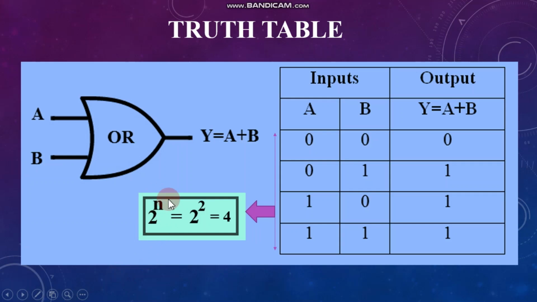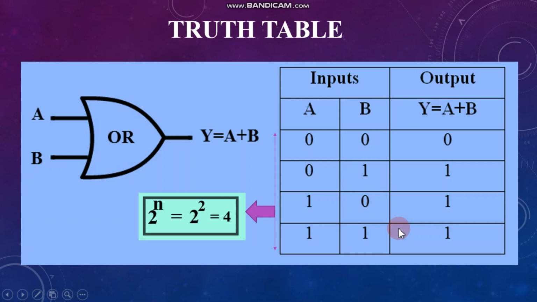And n represents how many inputs you are giving to a logic gate. Since here we are giving two inputs, A and B, n is 2. So 2 raised to 2 is equal to 4. Hence with columns A and B we can make 4 combinations, which are displayed on the screen: 0 0, 0 1, 1 0, 1 1.